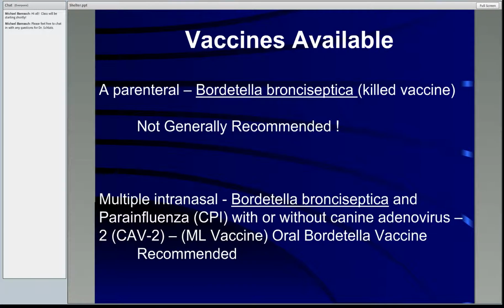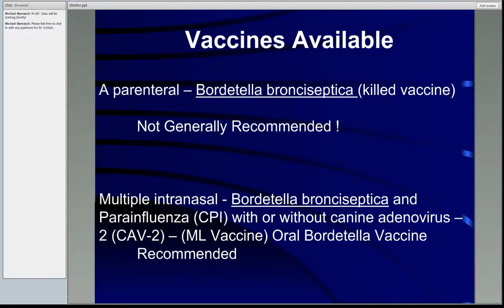So what vaccines are available for the infectious respiratory disease complex? Well, the Bordetella bronchiseptica vaccines, there's a killed parenteral. That's generally not recommended in a shelter unless you have a really fractious dog and you can't get anywhere near the head of that dog. The other two vaccines are the most effective: one's an oral vaccine and the other one's an intranasal vaccine.